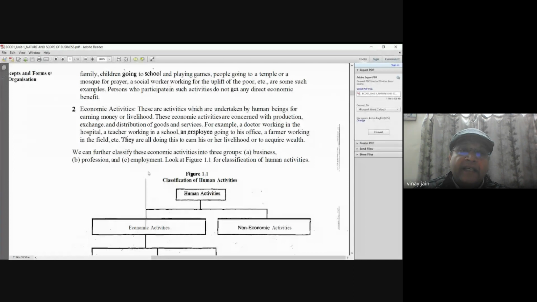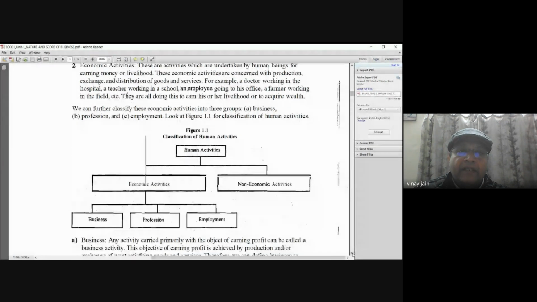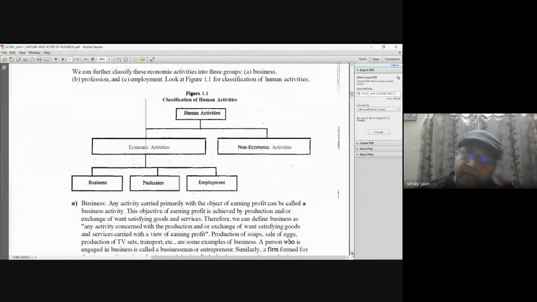So, guys, this is just a kind of definition of economic and non-economic activity. But if you go by the figure which is available before you, that will give you a clear picture. We can further classify economic activity into three groups: business, profession, and employment.